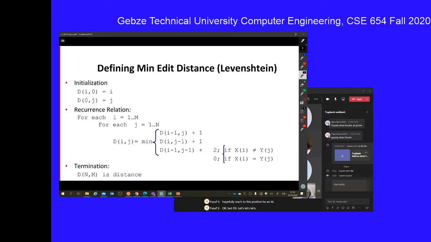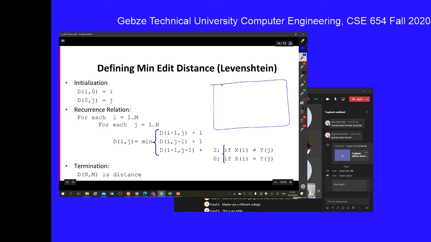Let's look at how we are going to do that. Remember, this is our table. This is 0,0.